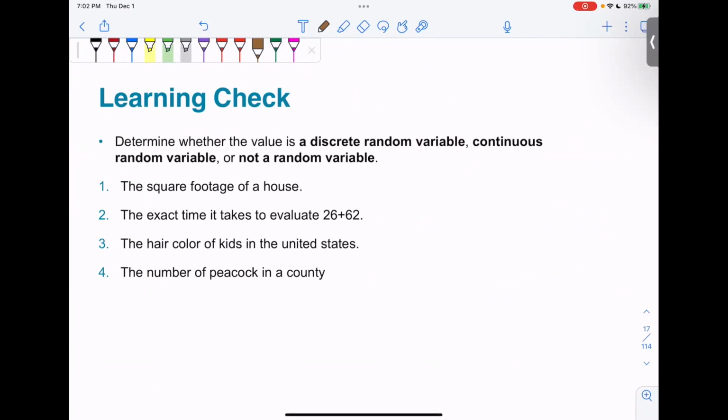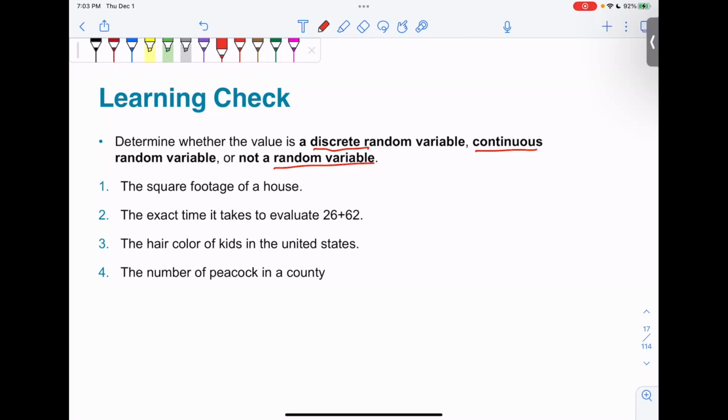Okay, let's look at this example now. Discrete, continuous, or not a random variable. The first one, the square footage of a house. Is it countable? It's the area, right?